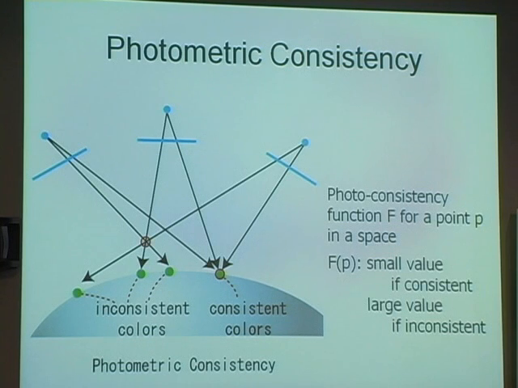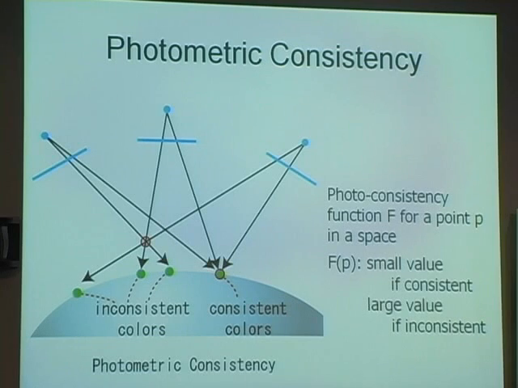We are trying to come up with a function which takes a 3D coordinate and returns a scalar value. If that 3D point is on the surface of an object, then that scalar value should be small. So we have some 3D space and we evaluate this function value all over the space. Wherever the function value is small, that is probably on the surface of an object. I'll give you more intuition with an easy example.